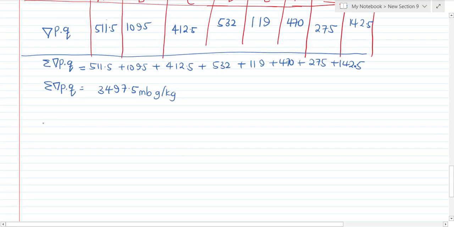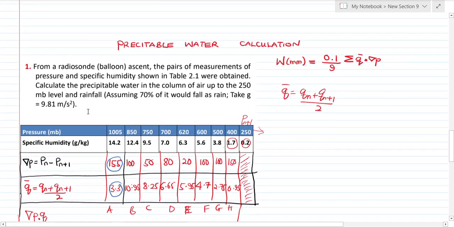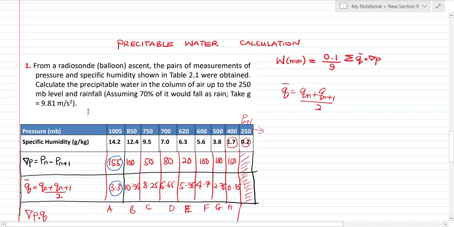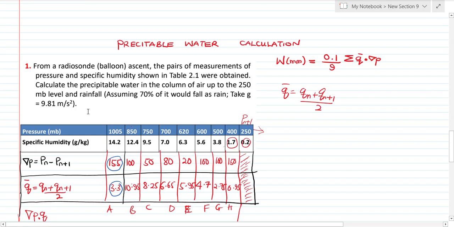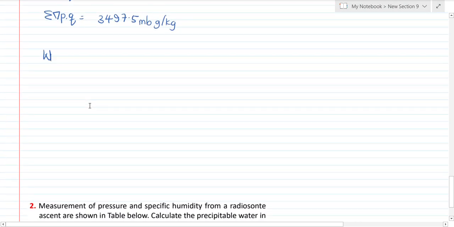Now we are supposed to find the precipitable water. From the question, yes, we need to find the precipitable water. Then after finding the precipitable water, we find the amount of rainfall that will fall.